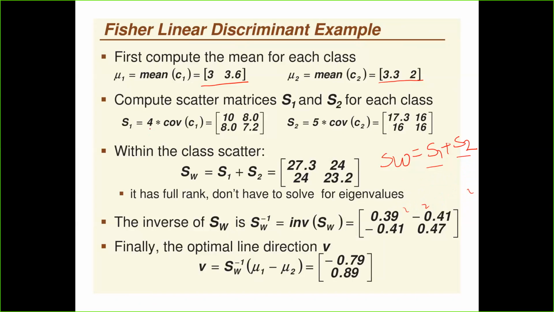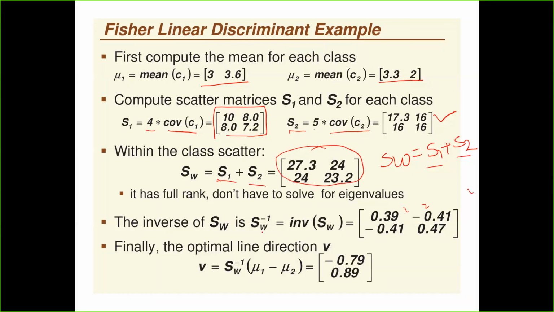There are a total of 5 points in class 1, so 5 minus 1, 4 times the covariance of C1, which is the scatter 1 matrix. Similarly, scatter 2 matrix uses the 6 instances in class 2, so 6 minus 1, which is 5 times the covariance of C2, which is this. Take the sum, S1 plus S2, and you've got this.